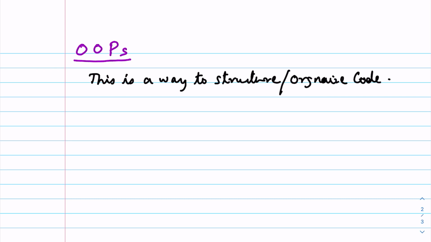Object oriented principles are basically a way to structure or organize the way we write our code. Before the existence of object oriented principles there was something called procedural design patterns.